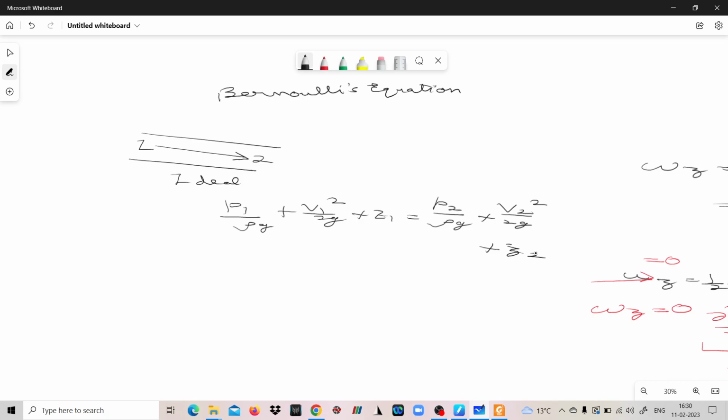But what exactly is the significance of these three terms? Let us look at this term, P1 by rho g. P1 by rho g is nothing but pressure energy per unit weight.